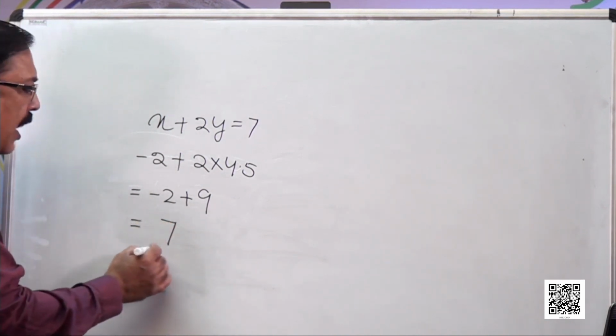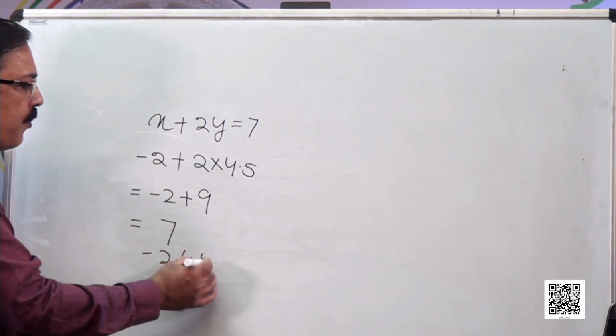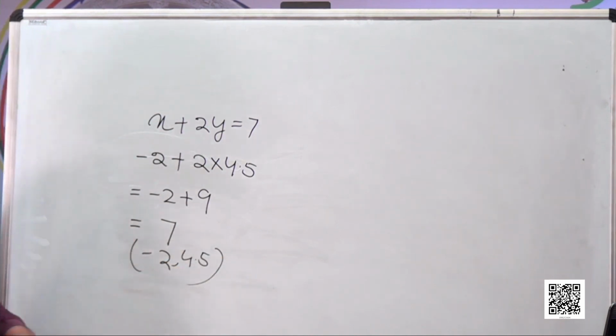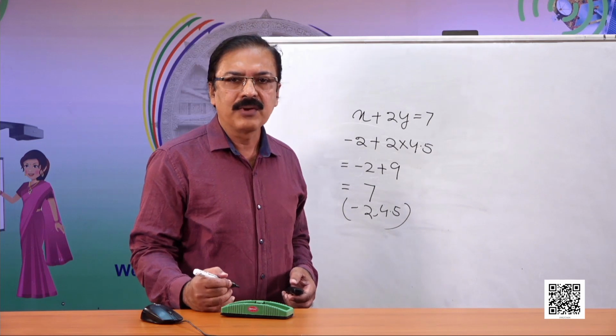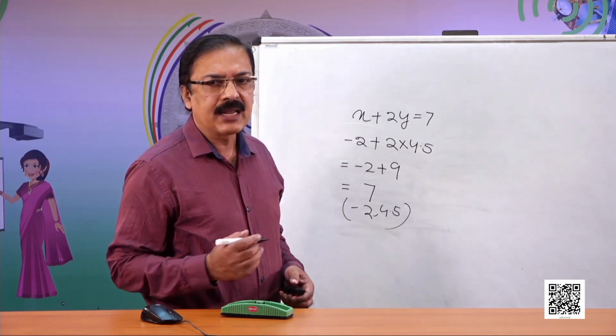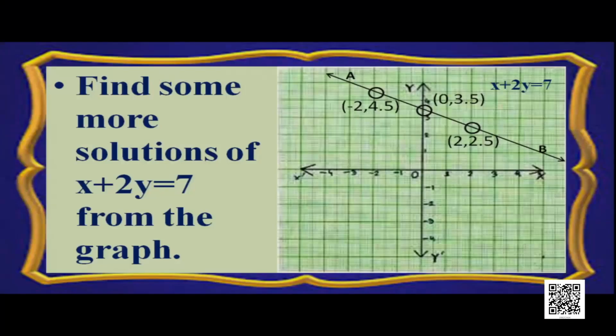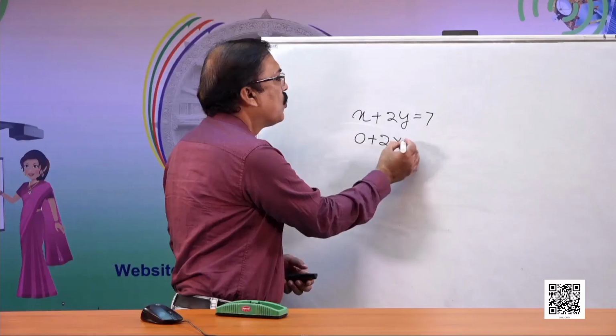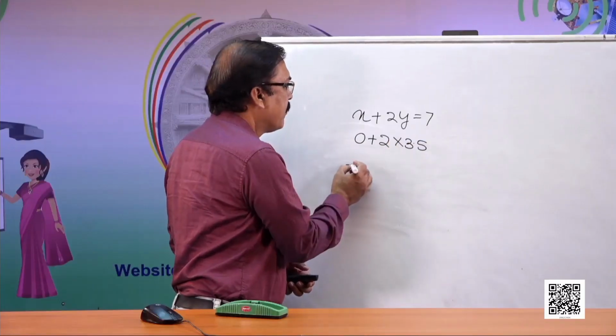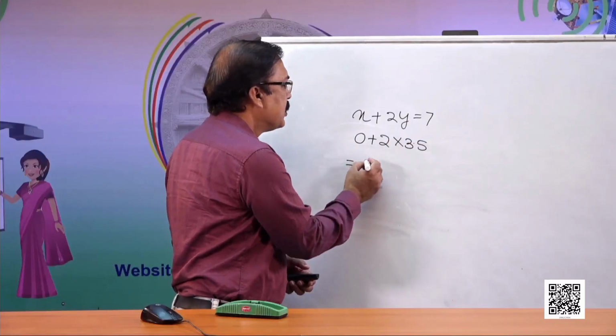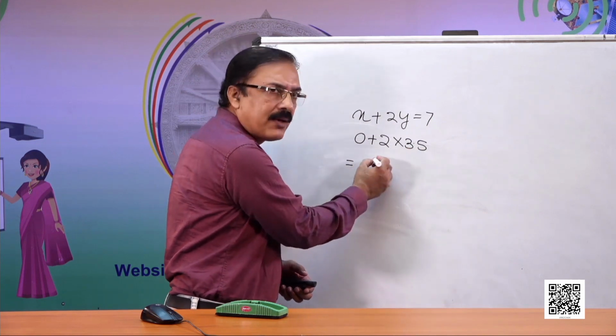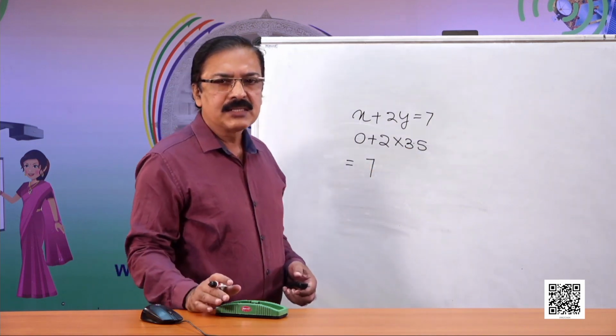So minus 2 and 4.5 is a solution to our equation. In the second case, if we put the value of x as 0 and y as 3.5, we get 0 plus 2 into 3.5, that gives 7.